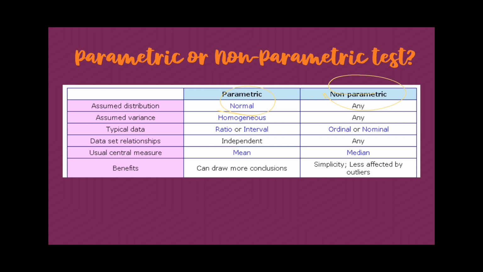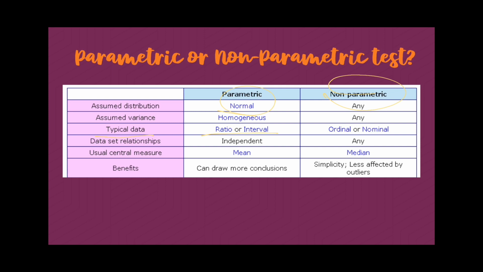And then the variance among the variables is homogeneous. For non-parametric, it can be any, no? So in short, if the criteria for parametric is not met, then we use non-parametric. And then the typical outcome variable that we look at for parametric are ratio and interval, or continuous variables. If the outcome variable is ordinal or nominal, we usually use non-parametric.